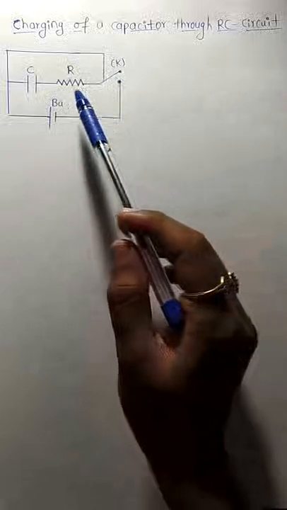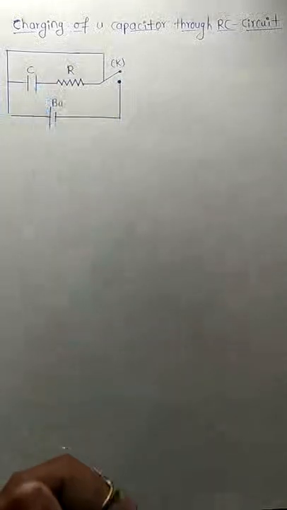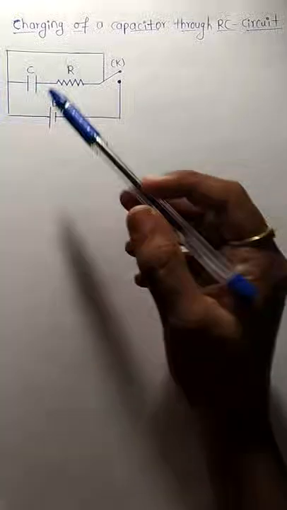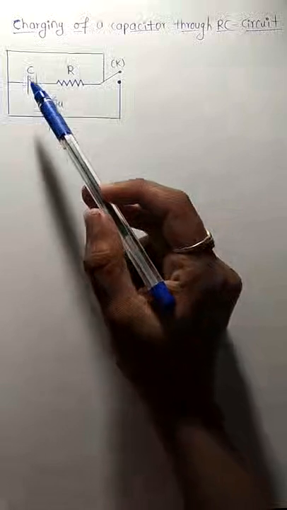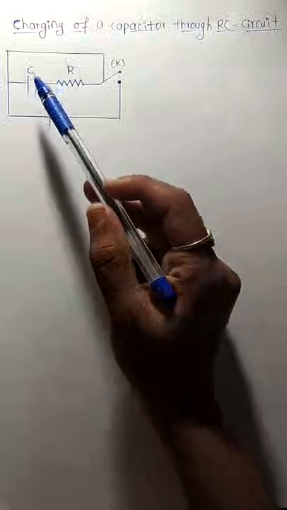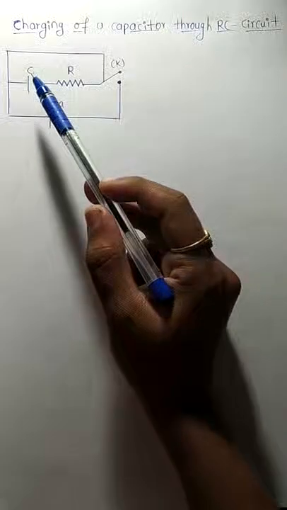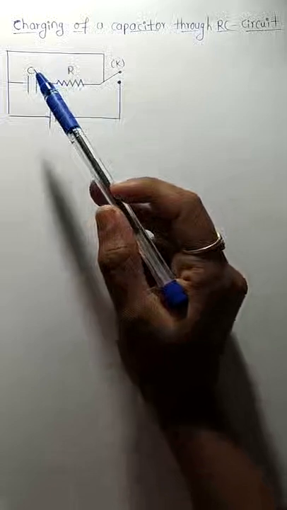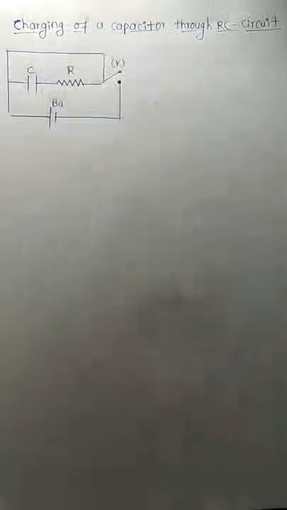At the same time, the capacitor is there. Already in the PUC class you studied the function of the capacitor. As you know, a capacitor is a device which stores electrical energy, in the form of charges.